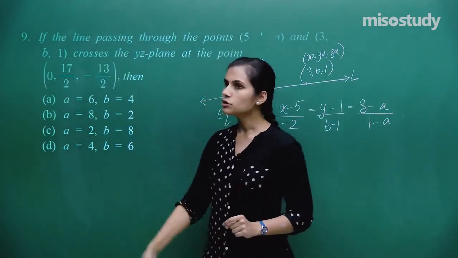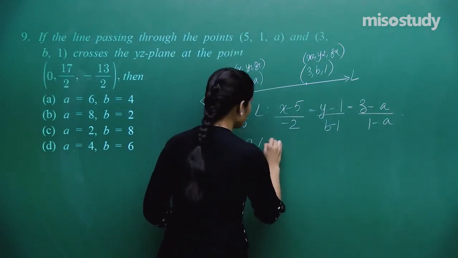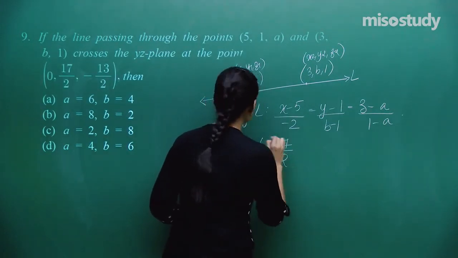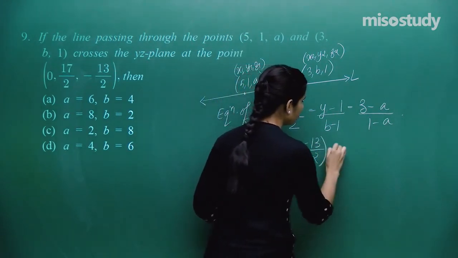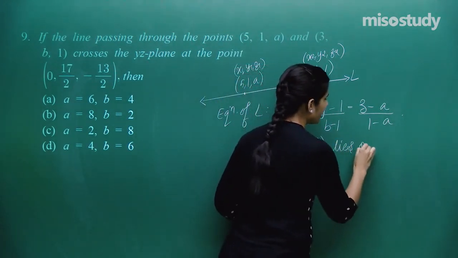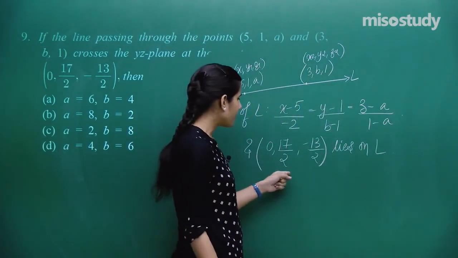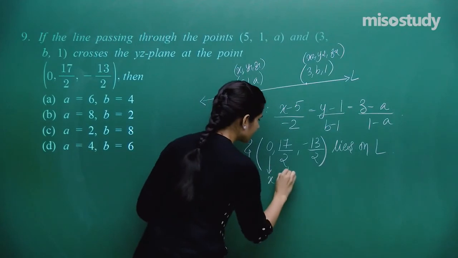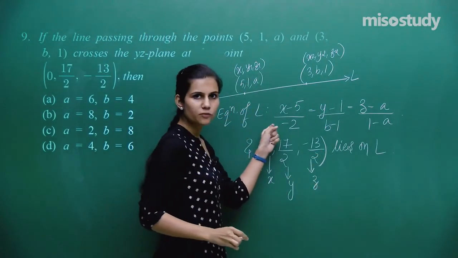Now, this point is also lying on the line. Which point? (0, 17/2, -13/2) lies on L. So, in place of x if I put 0, y if I put this and z if I put this, it is going to satisfy the equation of my line.